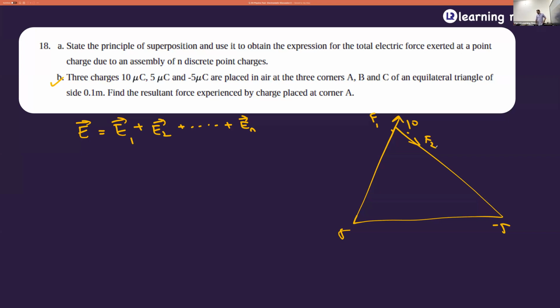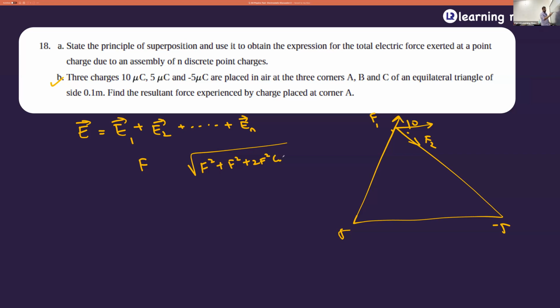Both will be the same in terms of magnitude, because of the same combination of charges and the same distance. If I call it F, then the resultant will be along the angular bisector, right? So the answer will be square root of F square plus F square plus 2F square cos 120, because exterior angle is equal to the sum of the opposite interior angles.